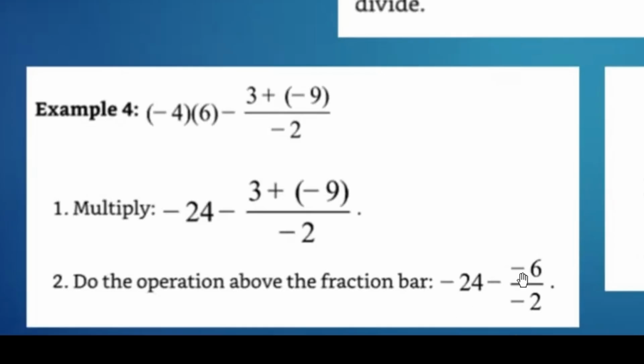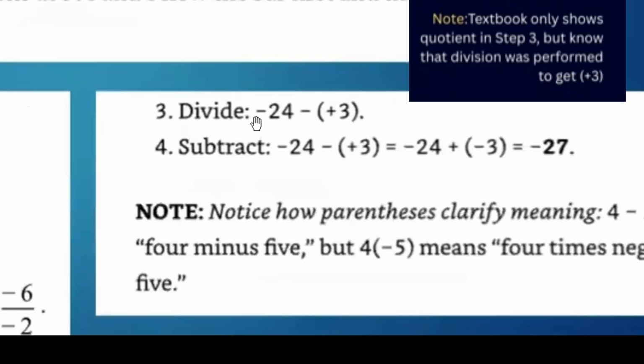What do we know concerning our rules with dividing like numbers? We simply just drop the negative sign, right? So now we're dealing with 6 divided by 2, which is 3. -24 minus 3 is -27, okay?